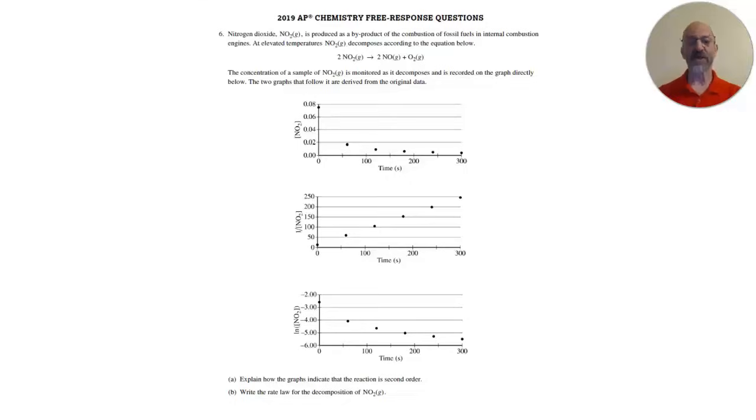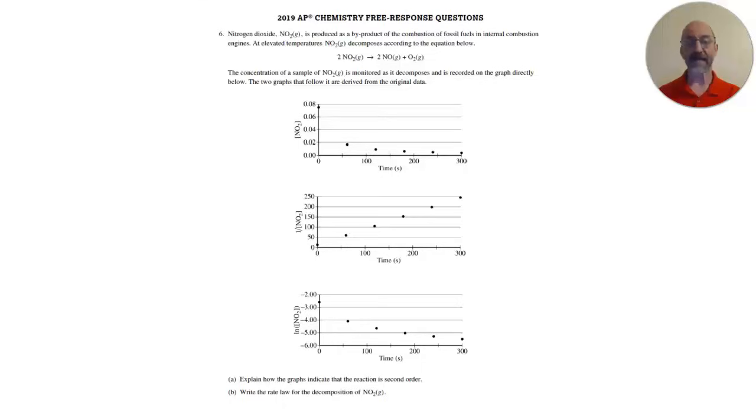In this question, which again is question 6 from the 2019 AP Chemistry free response questions, it talks about the decomposition of NO2, or nitrogen dioxide. Students are given a balanced chemical equation for the decomposition of NO2, and then they are presented with 3 different graphs.